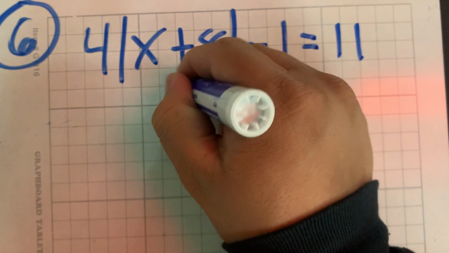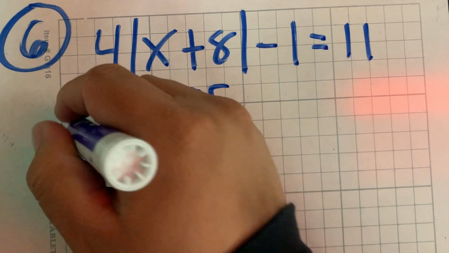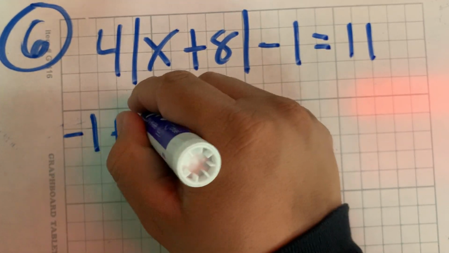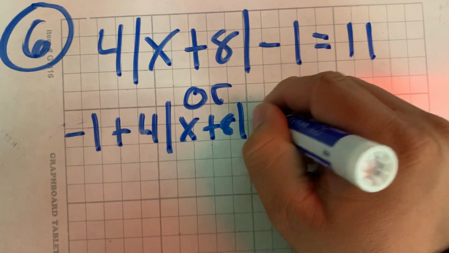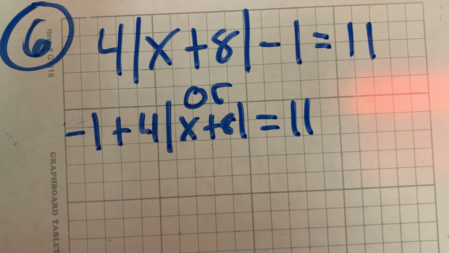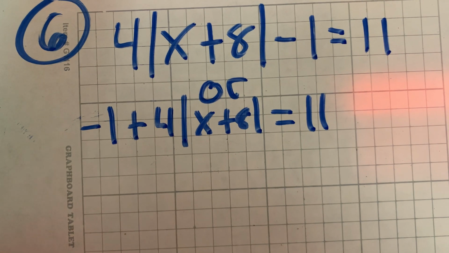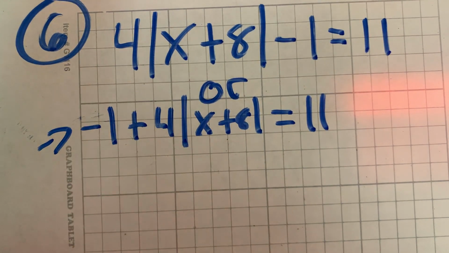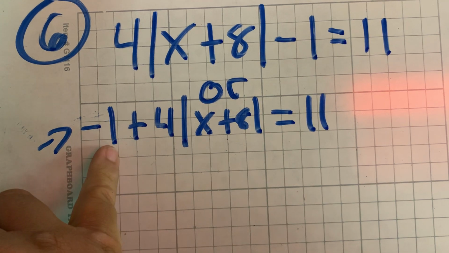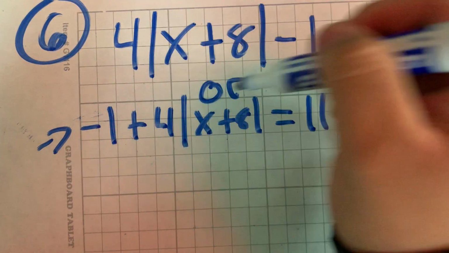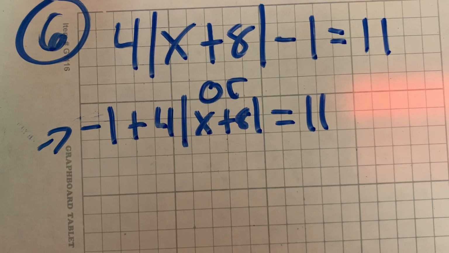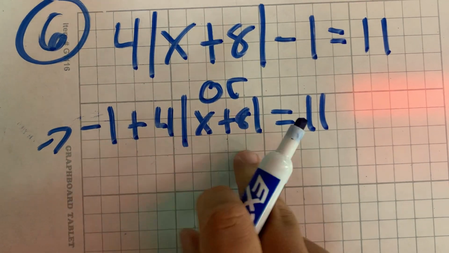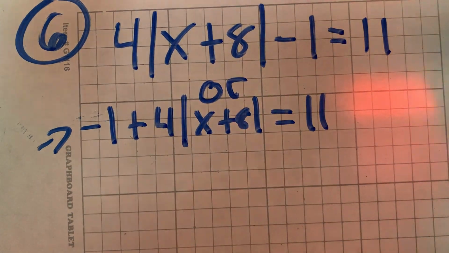Know that sometimes a problem like this, people might write it like this. It looks super weird this way, but know that people are going to write a problem like this, and if you don't like it this way, you can always rewrite it. If it's adding or subtracting, you can always move it around. That's the one good thing about that. But again, these problems will be done the same exact way.